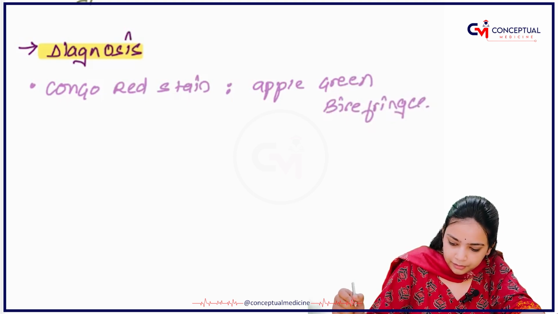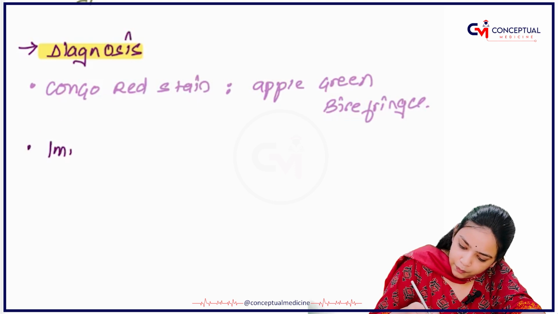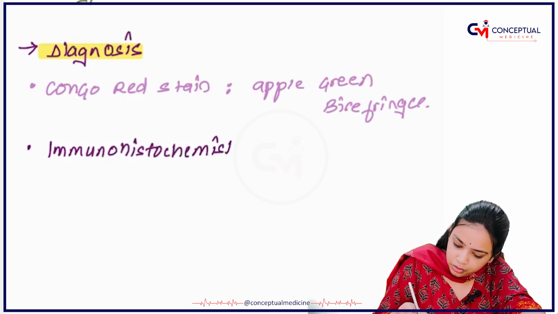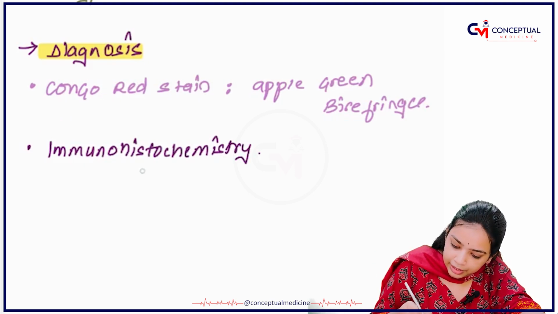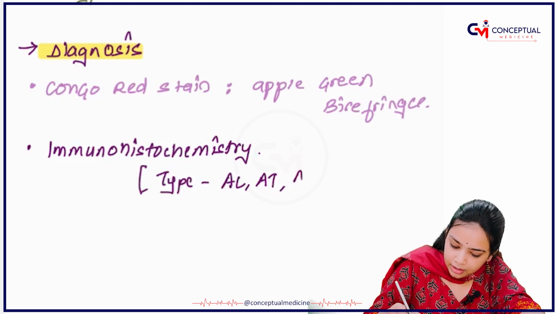Okay, next that you have is immunohistochemistry. And then you can identify the types, like the types that I have told you, AL, AA and ATTR, right?